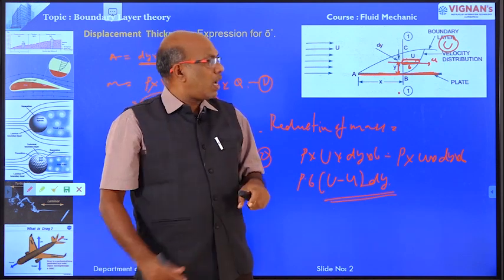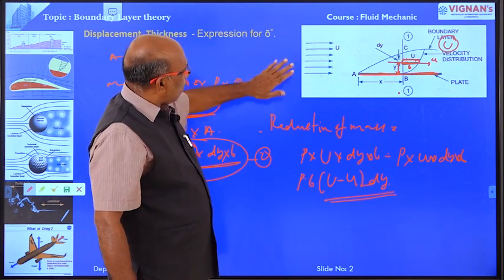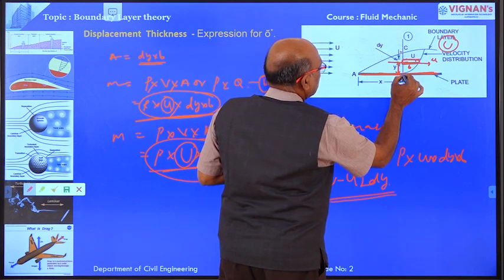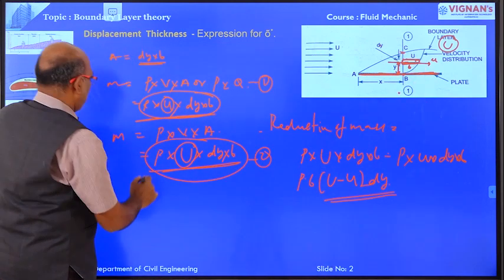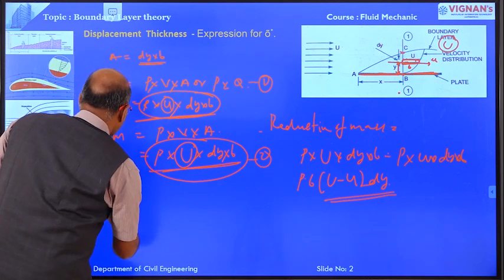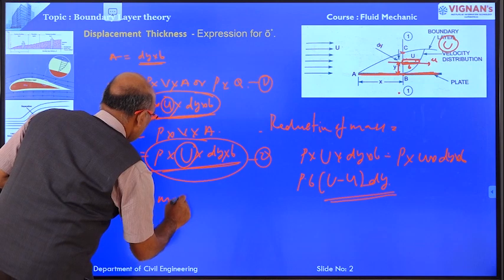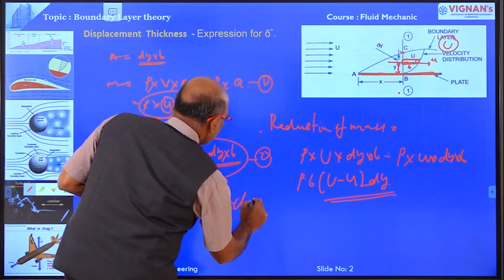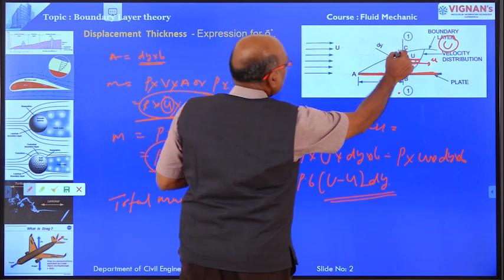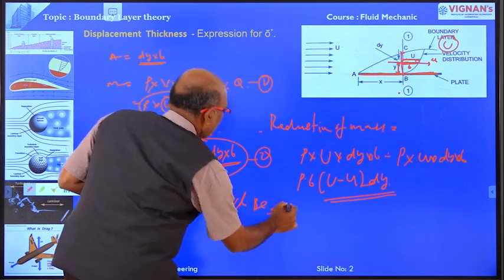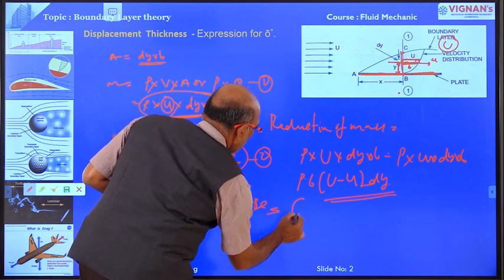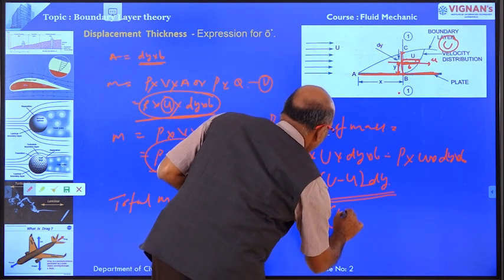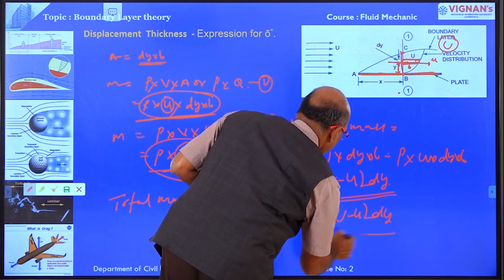Now we are going to take the reduction of mass per second for the entire distance, that is from B to C. The total mass reduction for the entire strip BC, the entire thickness BC, is equal to the integral from 0 to delta of rho b into capital U minus small u into dy.